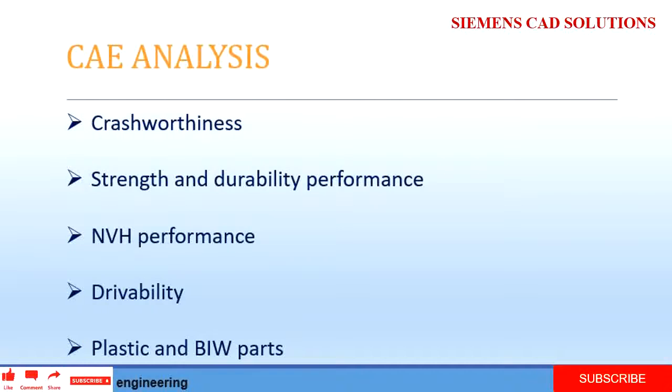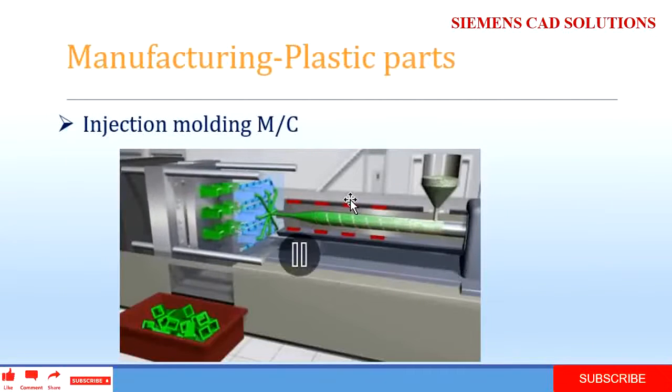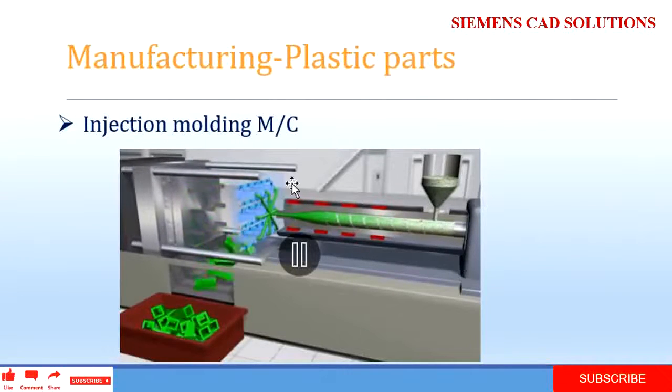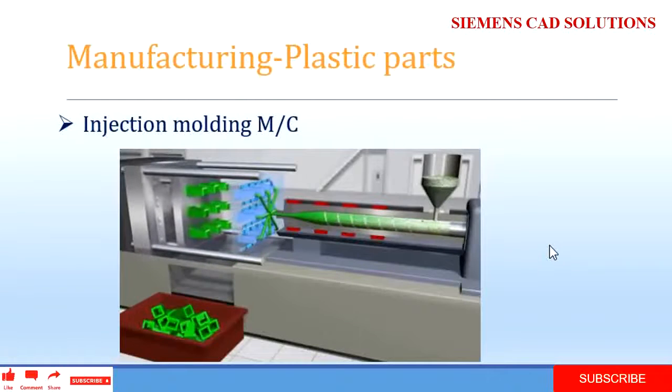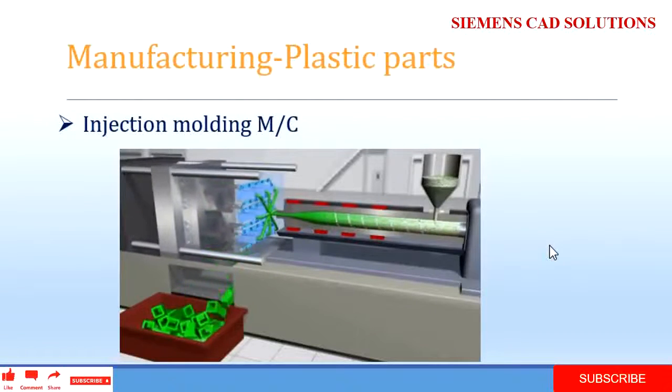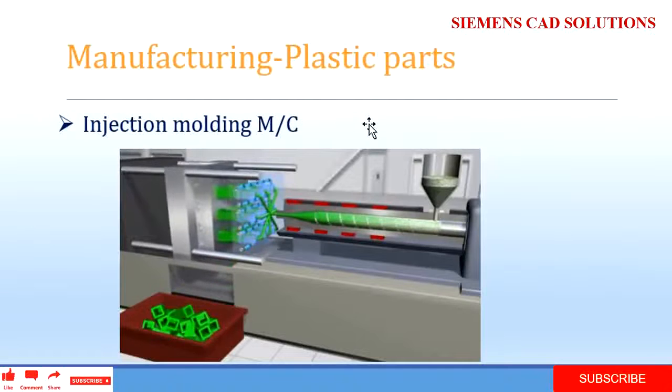The majorly used CAE analysis software in automotive is HyperMesh and ANSA. So next, this video is just a simple example of injection molding. In plastic design, the most commonly used manufacturing process is injection molding. So this is the mass production process and an easy process.